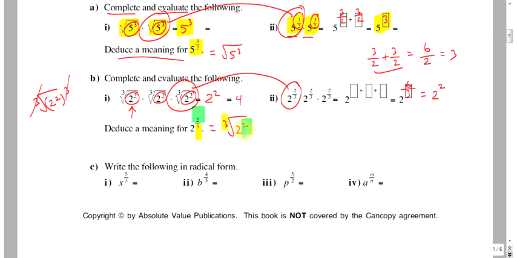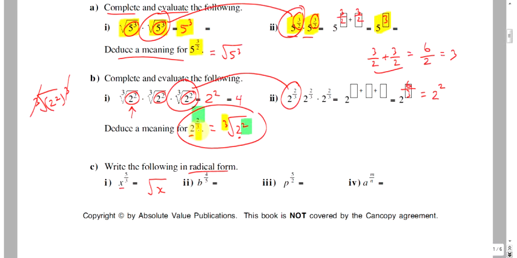We can maybe come to a little conclusion here. Write the following in radical form. I don't want it as an exponent, I want to write it as a radical. Okay, let's look here. 2, that's my base. That stays the same. Here it's x. Where do you want to put this 5 and this 3? What happened up here? The number on the bottom went where?